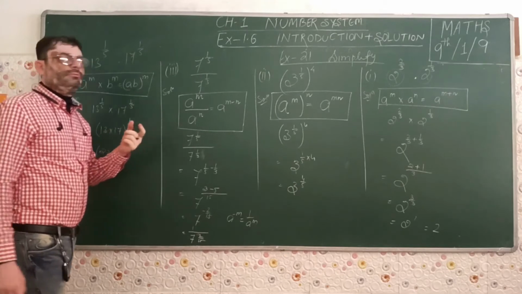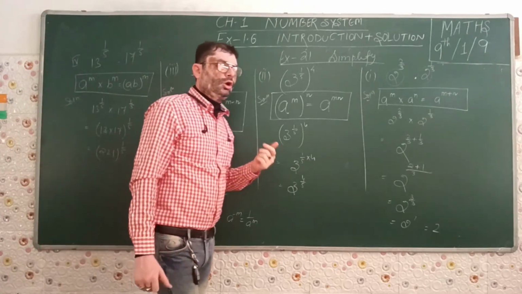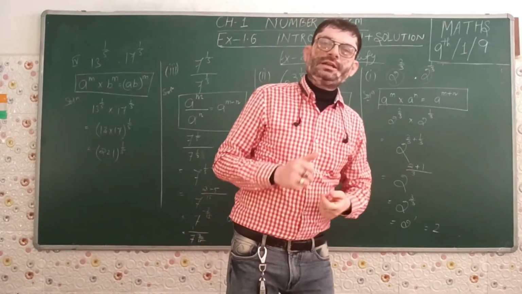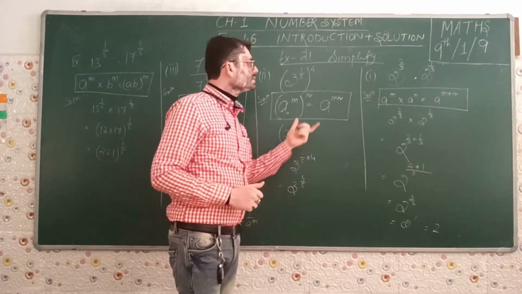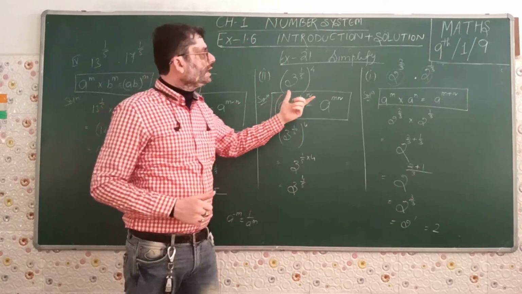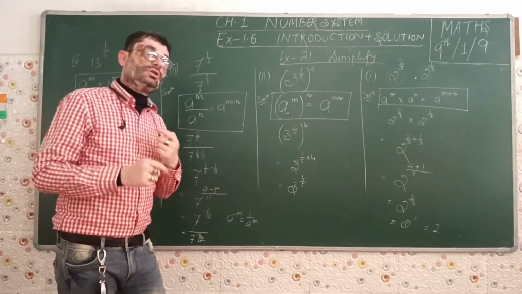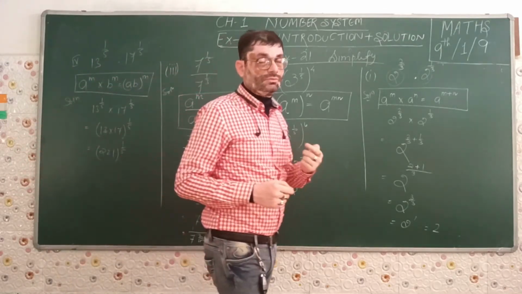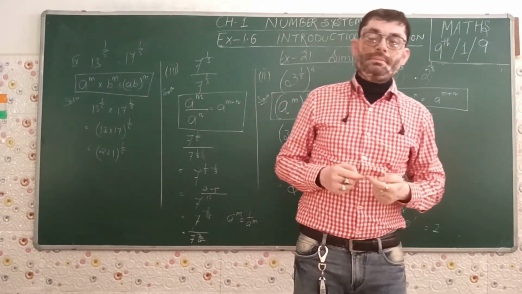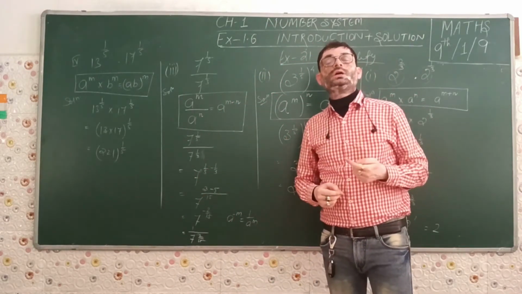In this way, by applying different laws of exponent to different types of sums that are given to us for simplification, we can simplify them very easily. So for that we need to memorize all the laws.